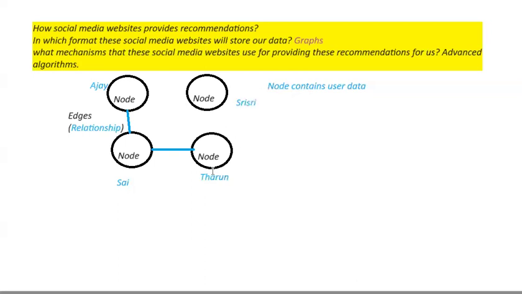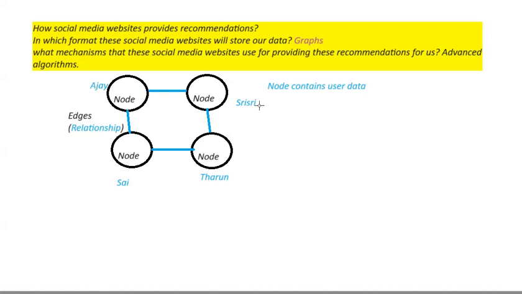Mutual is nothing but common. So for both Ajay and Tarun, a mutual friend is there. The name of that friend is Sri Sri. Now you can see Tarun and Ajay have common friends, Sai as well as Sri Sri. So both Ajay and Tarun are connected to Sai as well as Sri Sri.